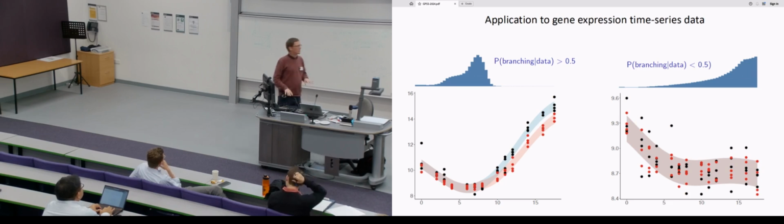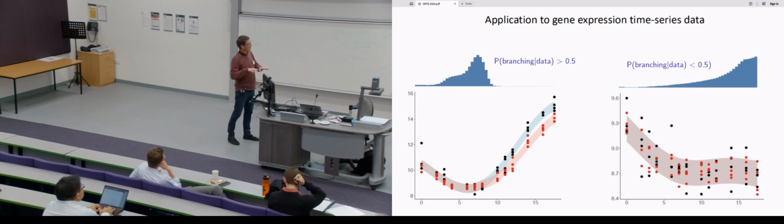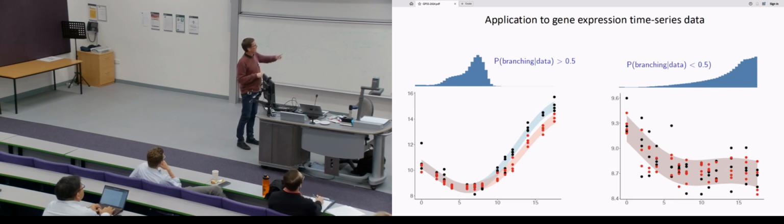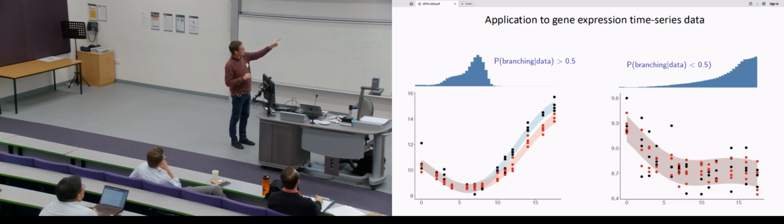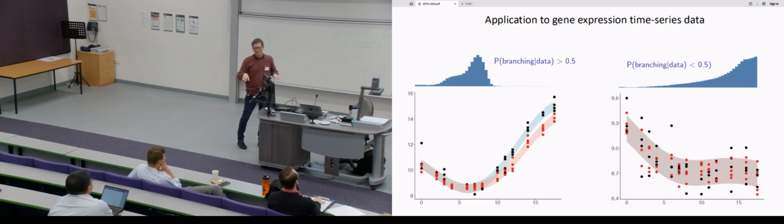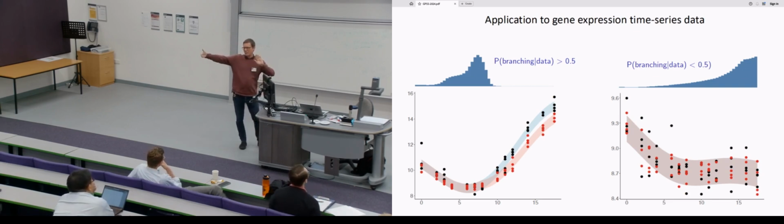So here's an application to some time series data. This is real gene expression data. At the top is the posterior distribution of where the branching point is. You can see it's quite clear that there's branching definitely before 8, but there's a little bit of uncertainty exactly where the branching is in this model. And then on the right-hand side, that's the probability of the branching being at the end of the time window.